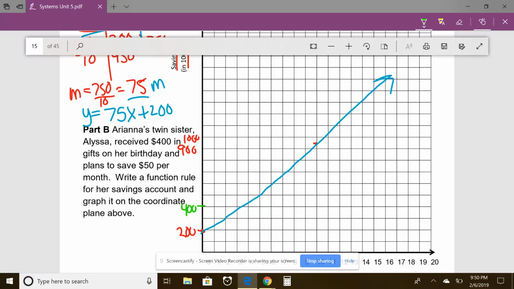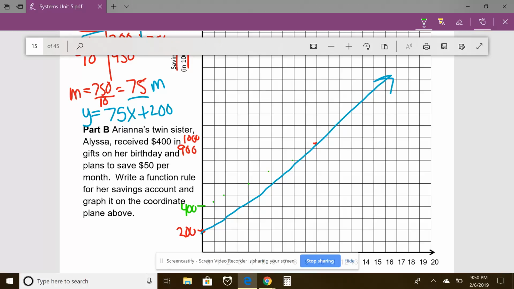So I'm going half a block per month, or you go up 1 over 2. That's another way you can do it. $50 per month means you're going up 100 every 2 months. So we have 400, 500, up 1 over 2, up 1 over 2, up 1 over 2, up 1 over 2.